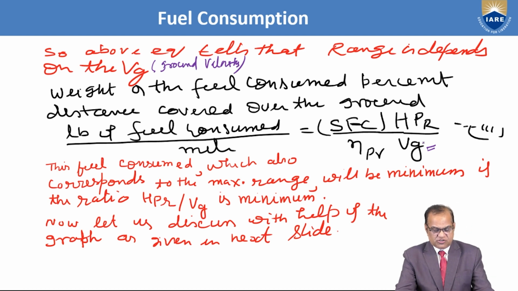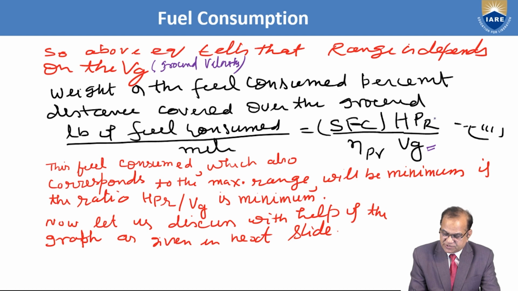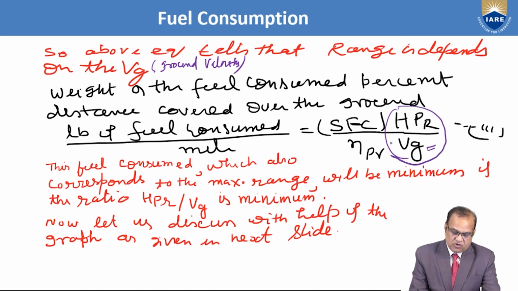This fuel consumed, which corresponds to the maximum range, will be the minimum if the ratio of HPR by VG is minimum. If this term is minimum, your fuel consumption will be minimum.